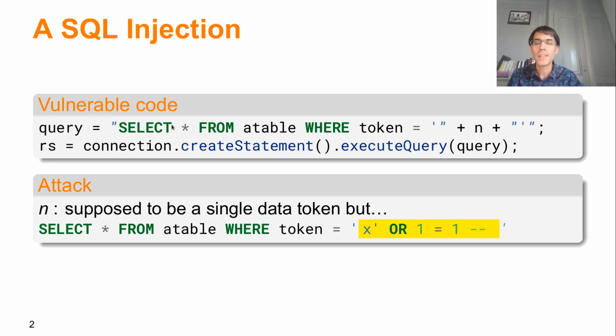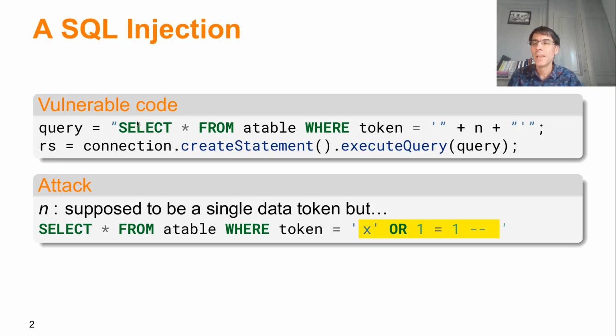The first part is select star from a table where token is equal to quote, the second part is the content of the variable n, and the third part is a quote again. Once he has constructed the query, he sends it to the database and gets back a result set of the rows that were found in the database.